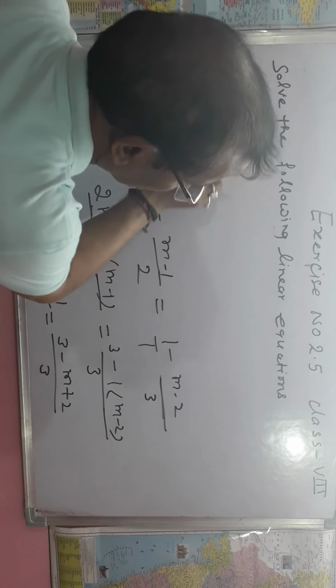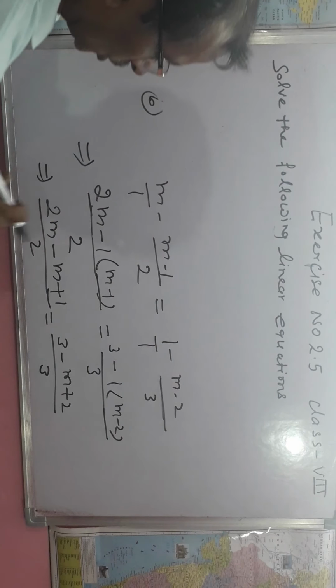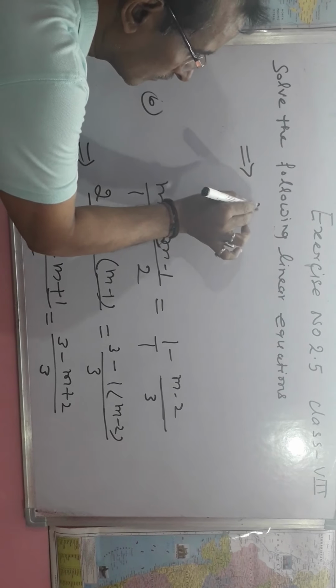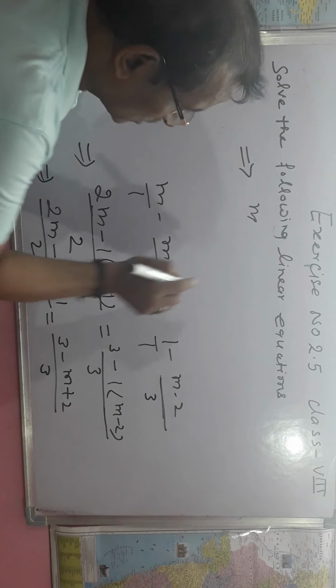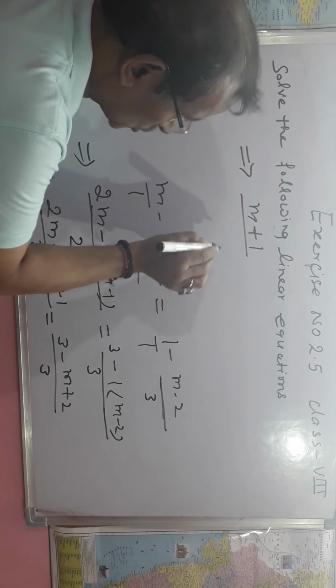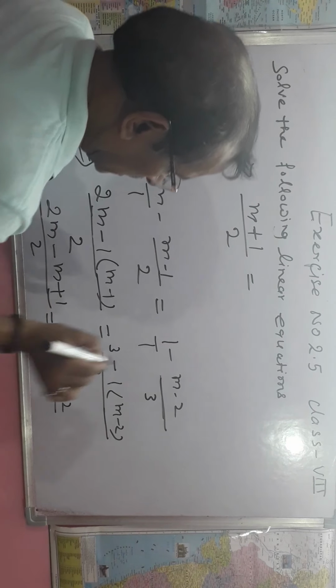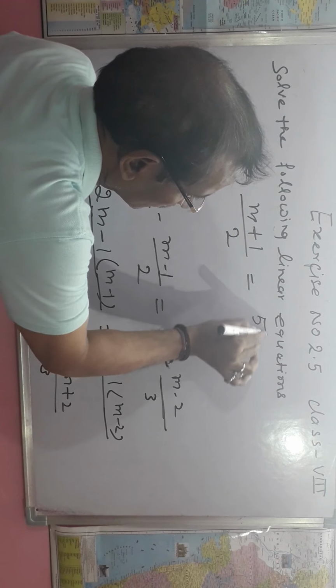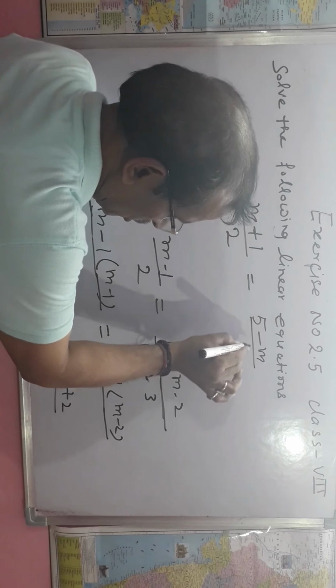Then 2m minus m, we get m here. (m plus 1) upon 2 is equal to 3 plus 2, 5, minus m upon 3.